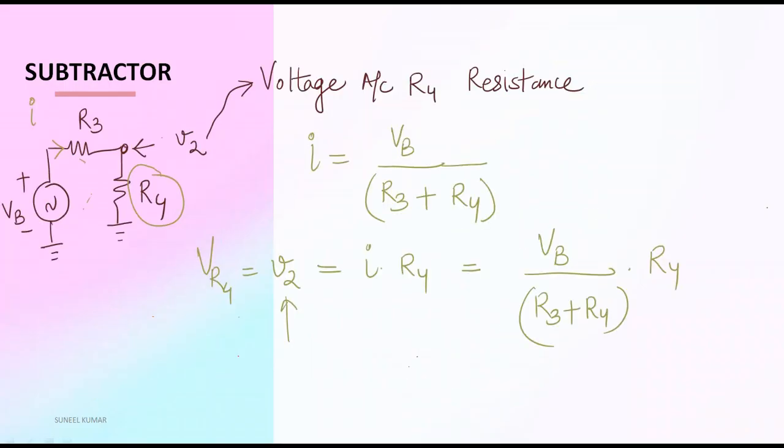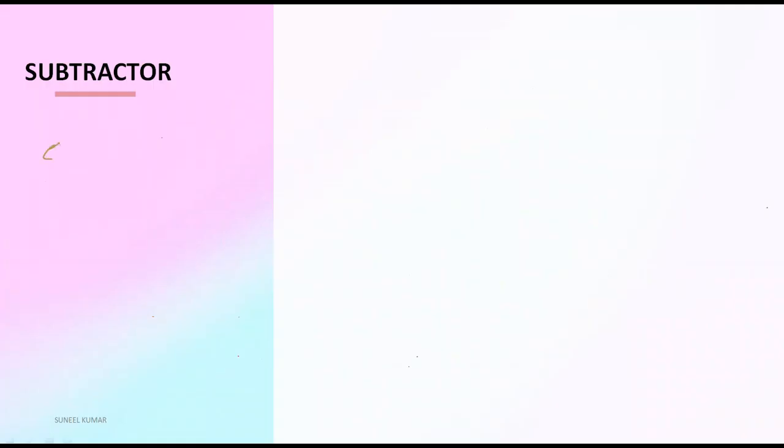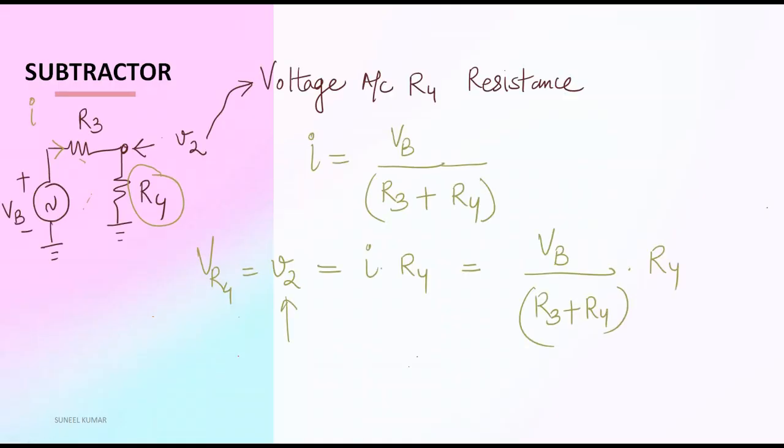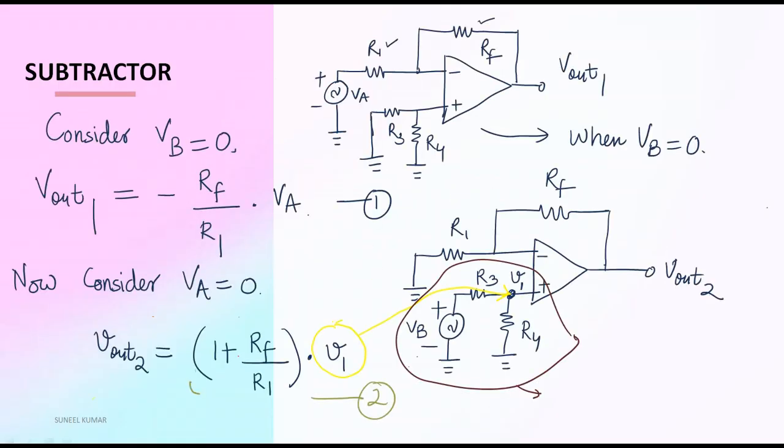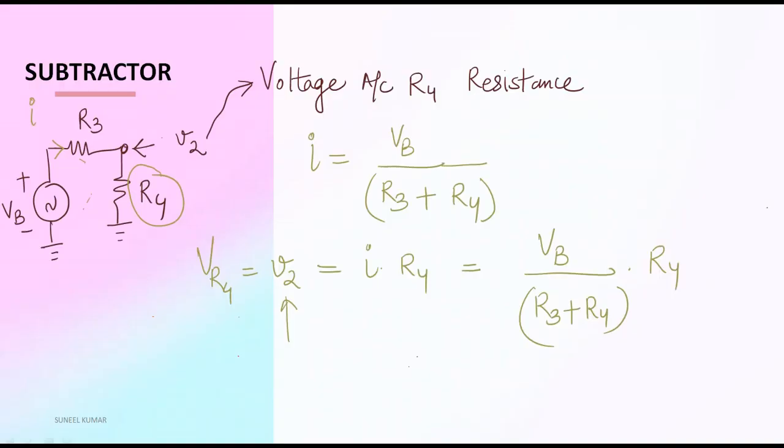So we can put this value in this equation, let's say equation number 2. Equation 2 will be V output 2 is equal to 1 plus RF upon R1 into V1, where this voltage is V1.